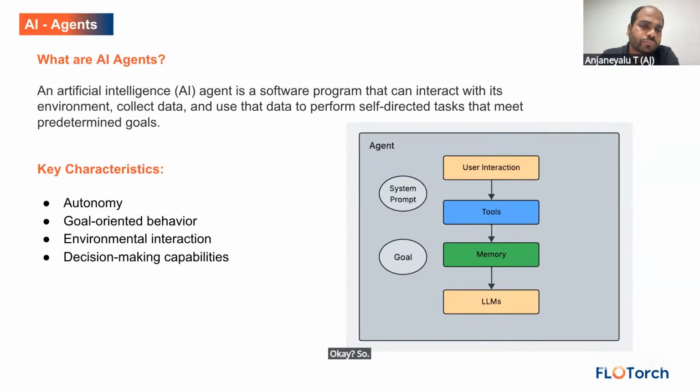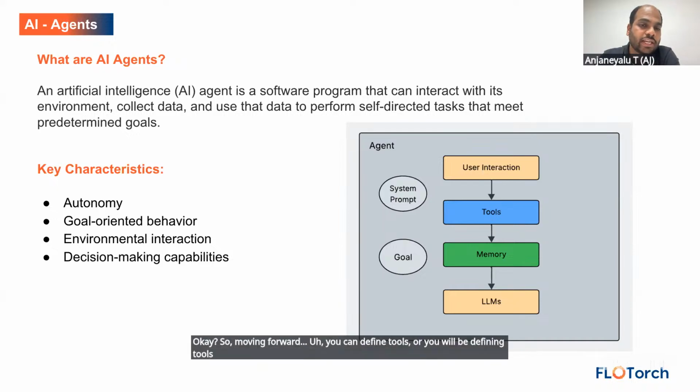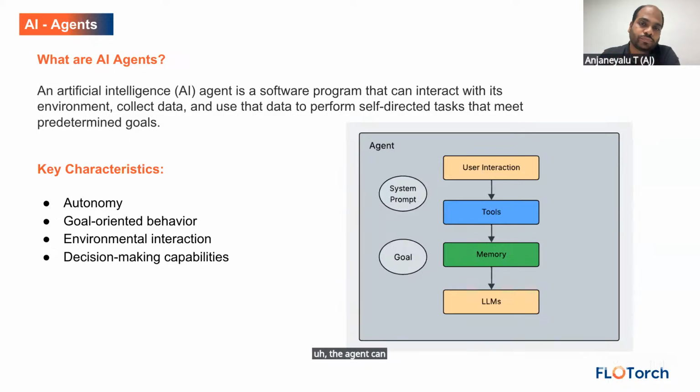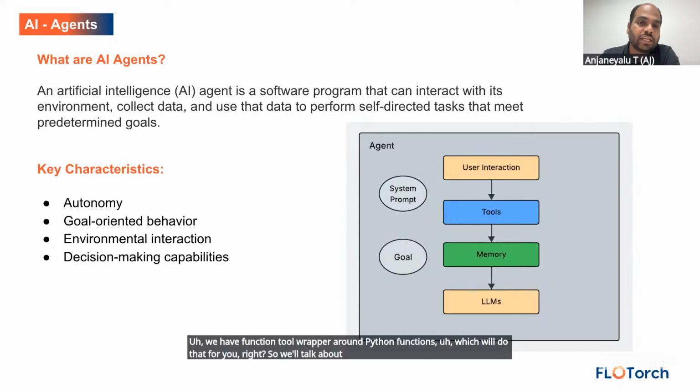Moving forward, you will be defining tools. These are external capabilities that the agent can actually use: APIs, databases, functions. In FloTorch, we have a function tool wrapper around Python functions, which will do that for you. We'll see that while we are running the demo part.